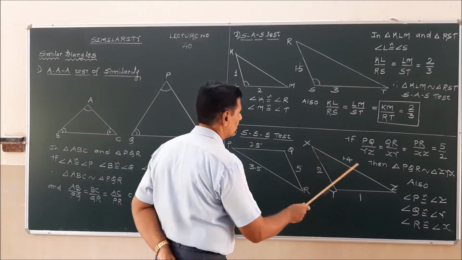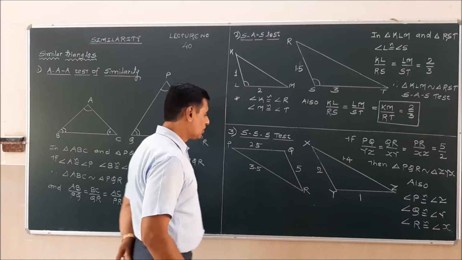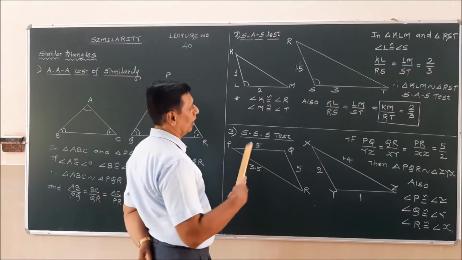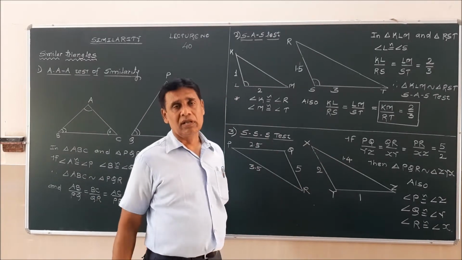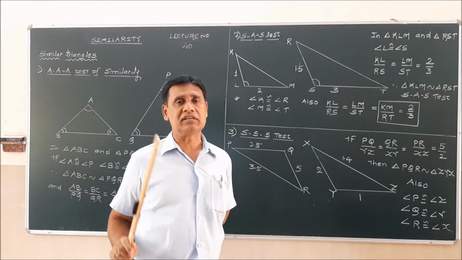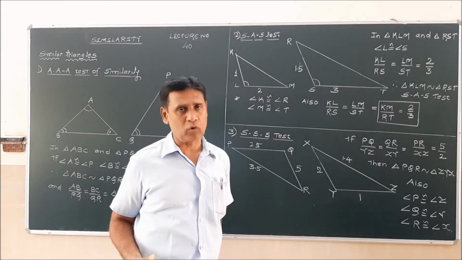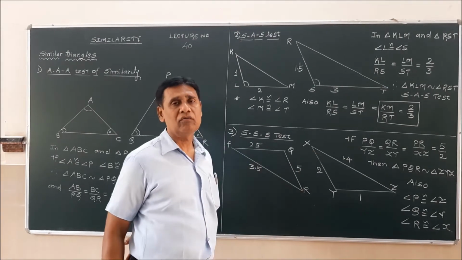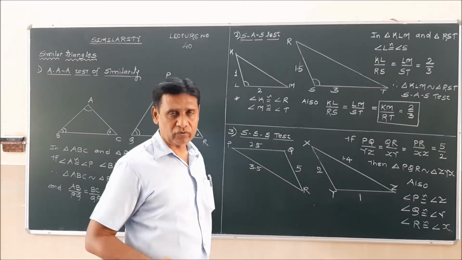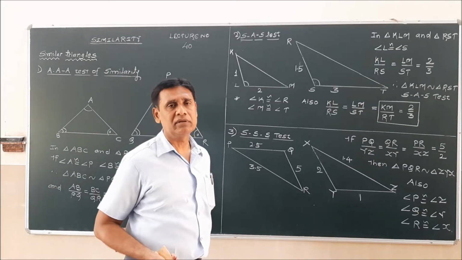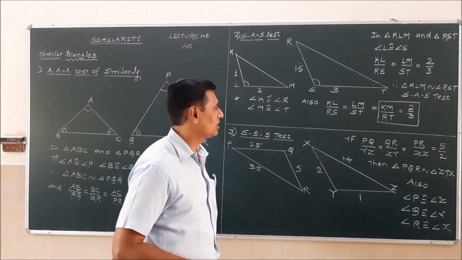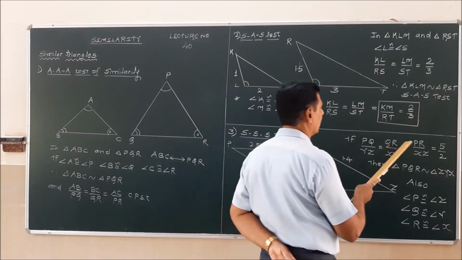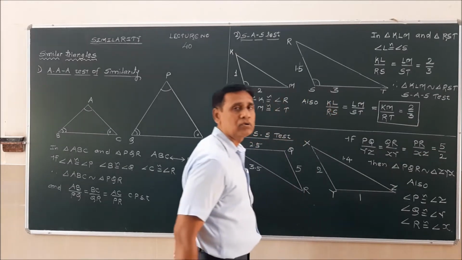XZ is how much? 1.4. If you take 3.5 upon 1.4, the number of digits after the decimal are the same, 1 each. So you will get 35 upon 14. Very simple: 7 5s are 35, 7 2s are 14. So here you will find again PR upon XZ is 5 upon 2.